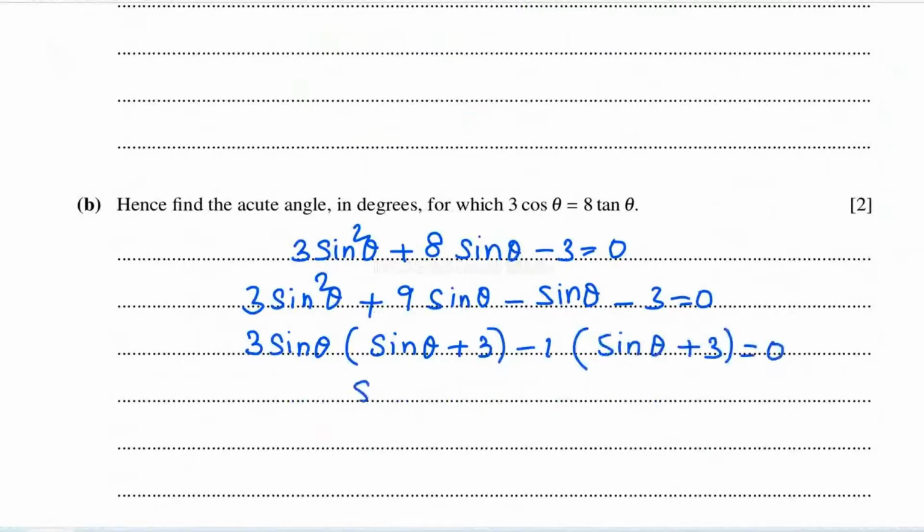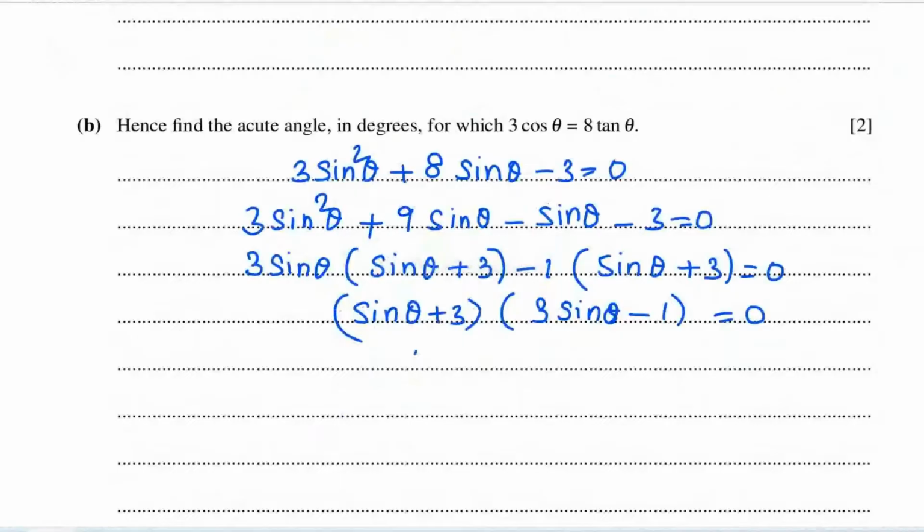Let's take out sine theta plus 3 commonly, so sine theta plus 3 multiplied by 3 sine theta minus 1 equal to 0. So sine theta plus 3 equal to 0, or 3 sine theta minus 1 equal to 0.